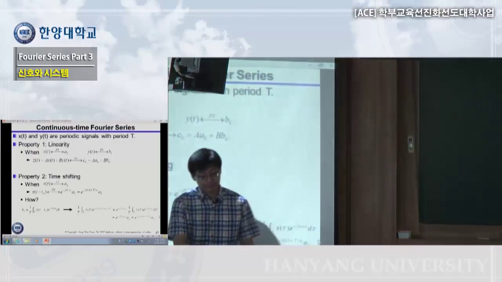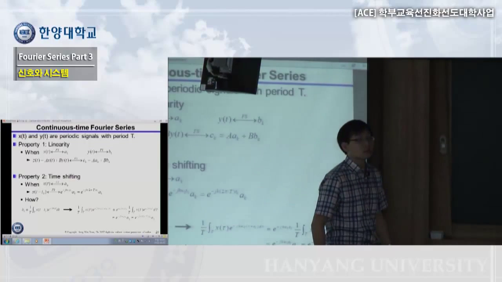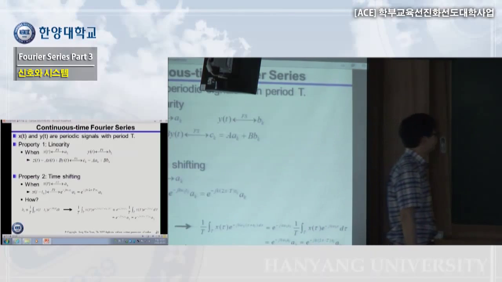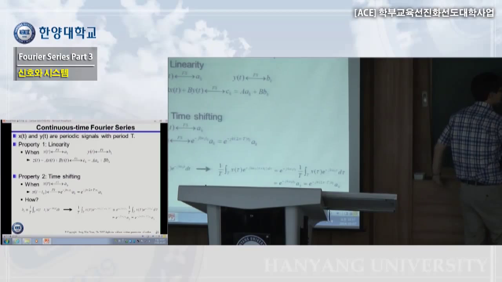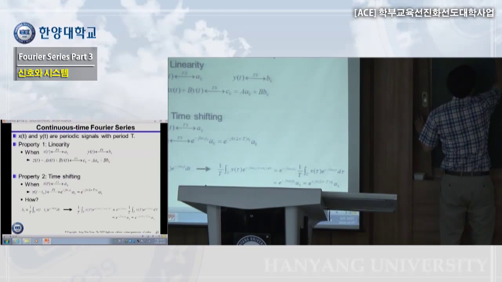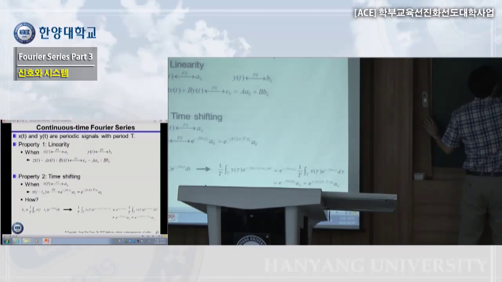The second property, time shifting. Every claim starts from this: x(t) has Fourier series coefficient ak.